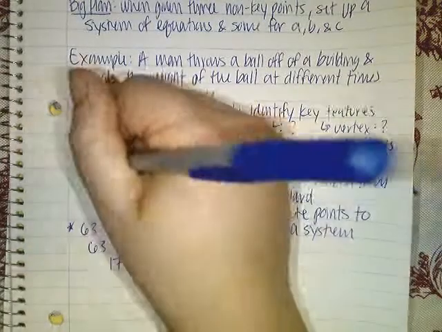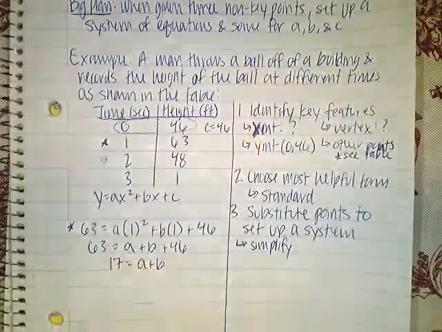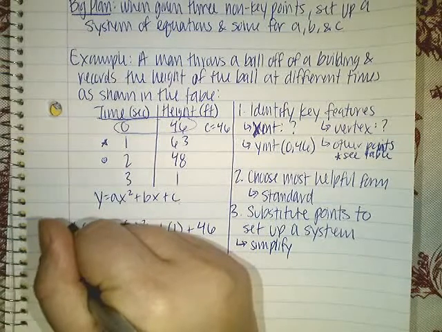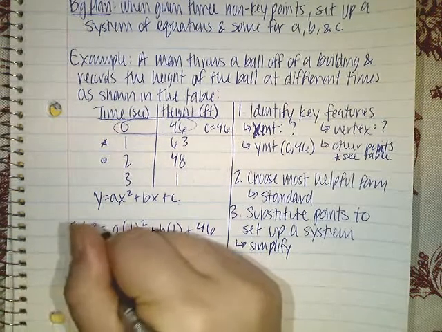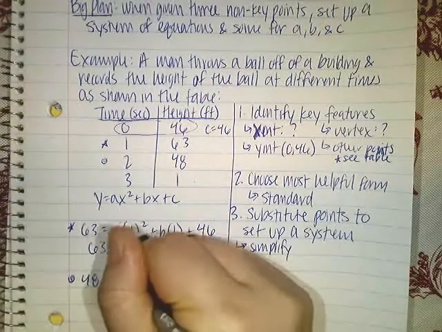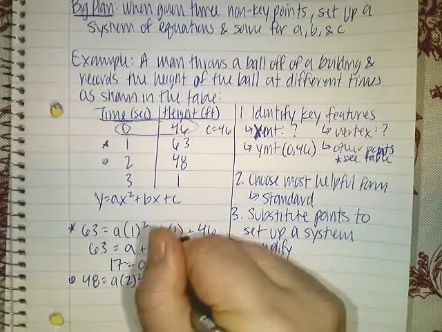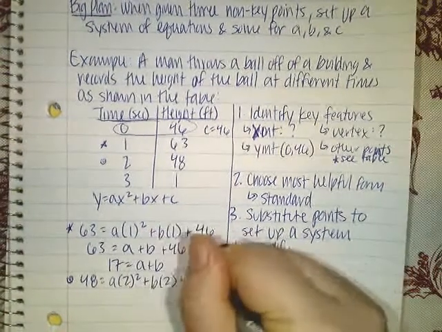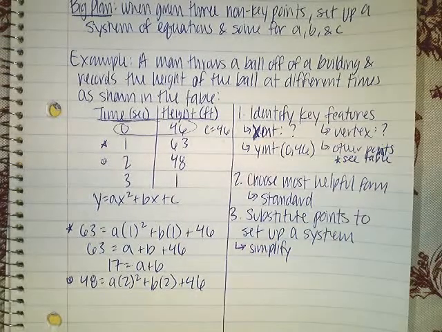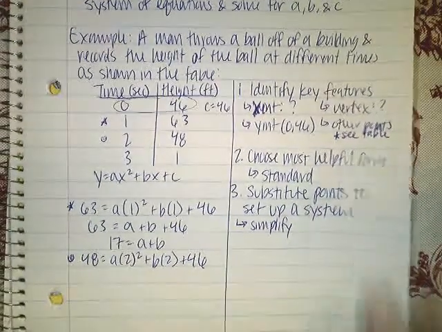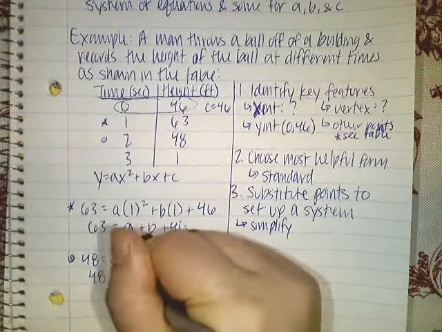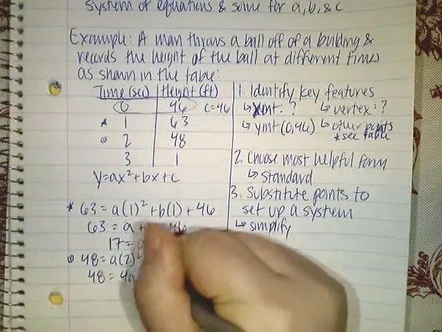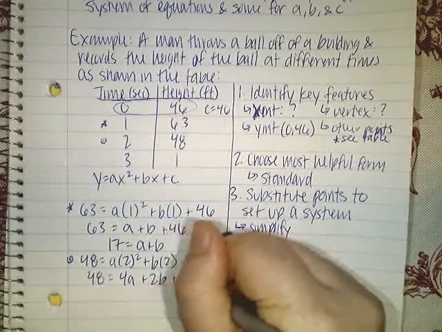So now I'm going to do another one. I'm going to do the little spiral to set up this one, so you know where I'm getting this information. But I'm going to say 48 this time equals a times 2 squared plus b times 2 plus, again, c we know is 46, so I can continually use that. Then I simplify this version and I get 48 equals 4a plus 2b plus 46.